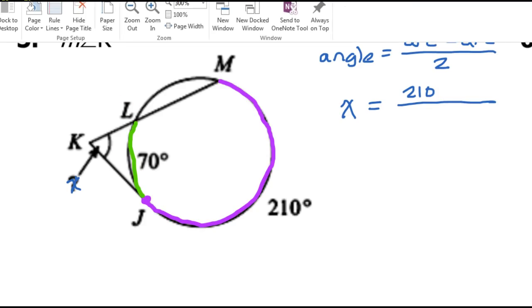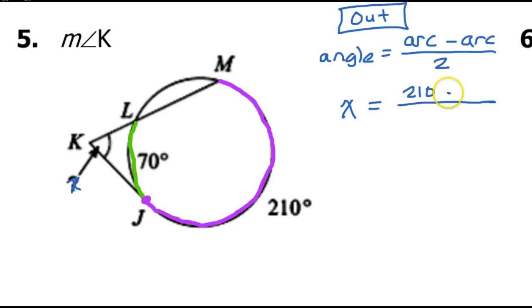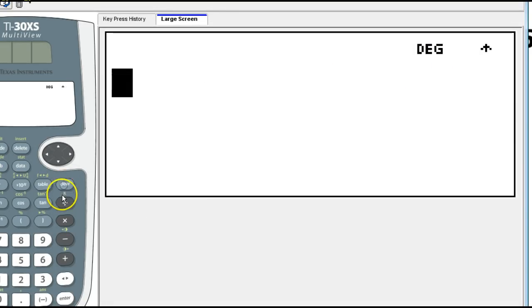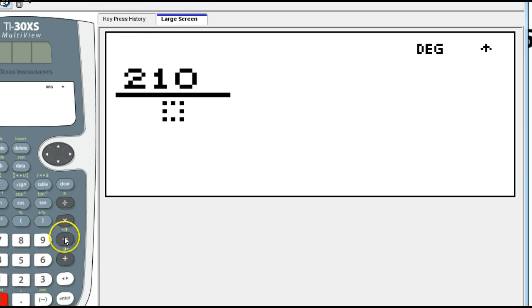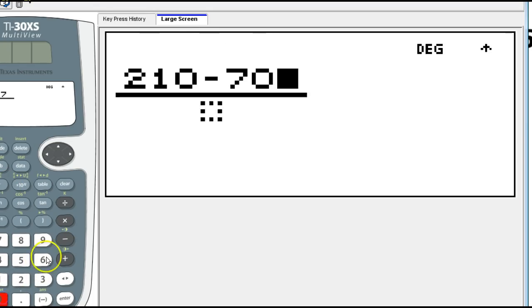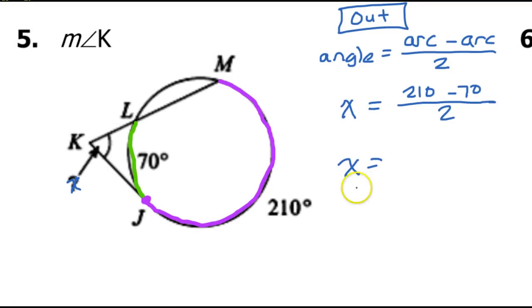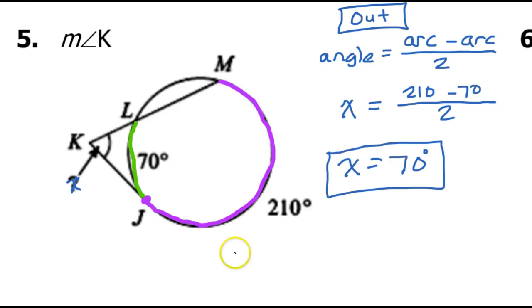So 210 minus 70 divided by 2. So that is 70. So that's number 5.